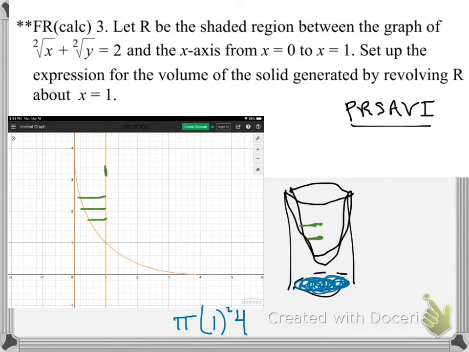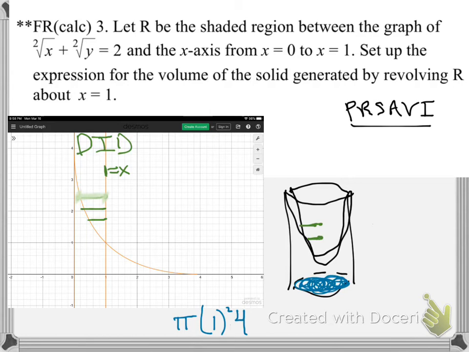Well, it goes from here, which is x equals 1, back to here. I need to know the x value for that, because if this spot out here has an x value of 1, and I know that x value, I can figure out the distance between the x values. Distance is difference.